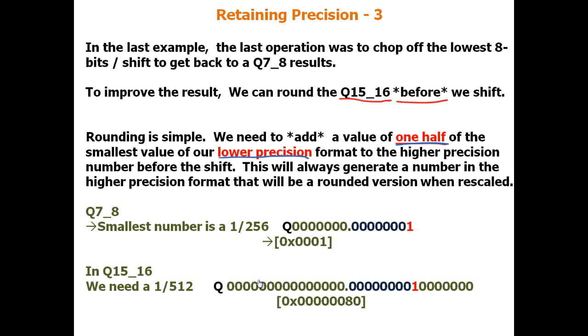So for example, if we're working in Q7.8 and our intermediate higher precision is Q15.16, what we do is we take the smallest number we can represent in Q7.8, which is 1/256, and here I just drew it out in binary.